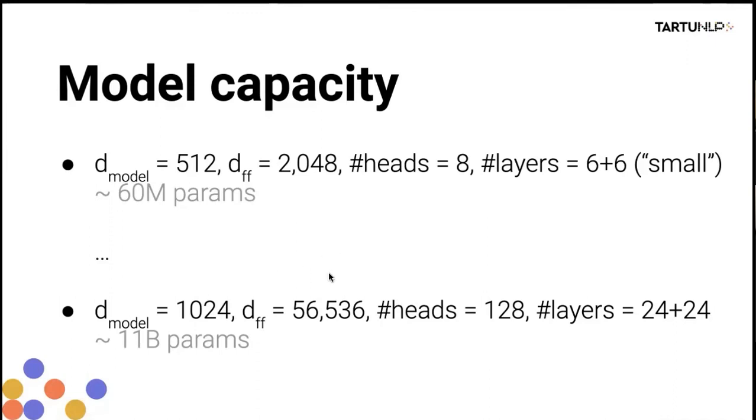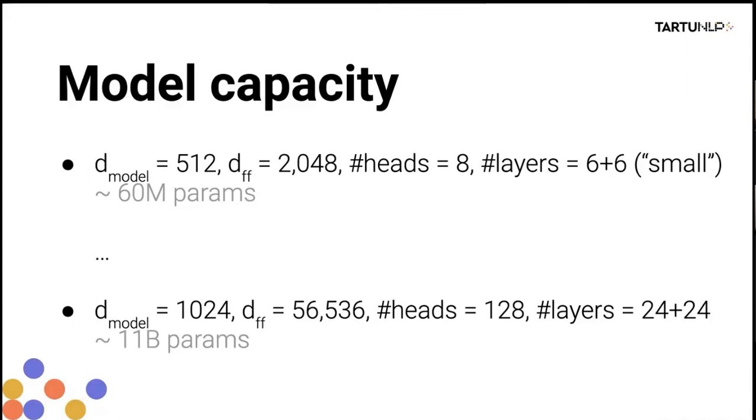And no, it should be something else. Am I mixing something up? Maybe. In any case, the dimensionality of the feed forward net is then 65,536. So in total, 11 billion parameters, and they show, of course, that this performs better.